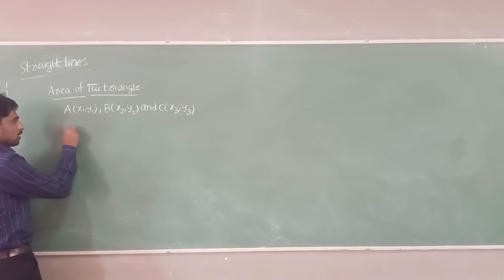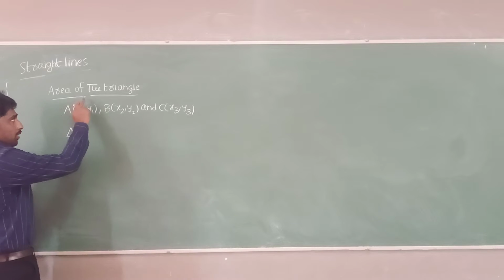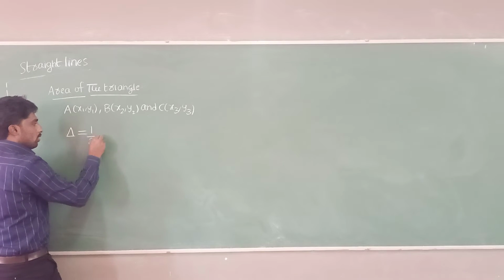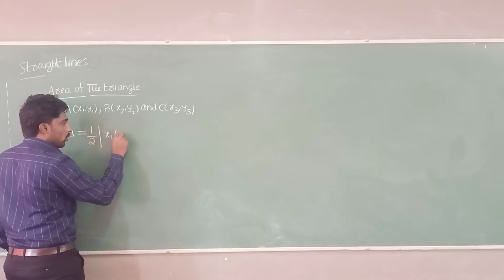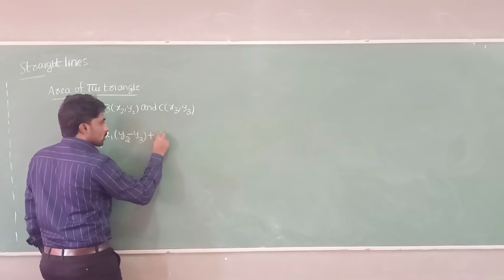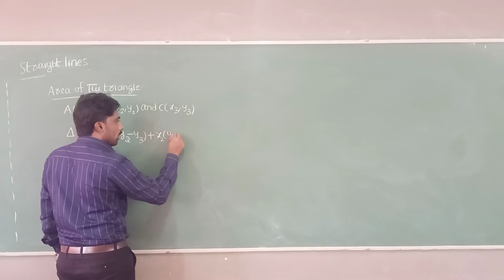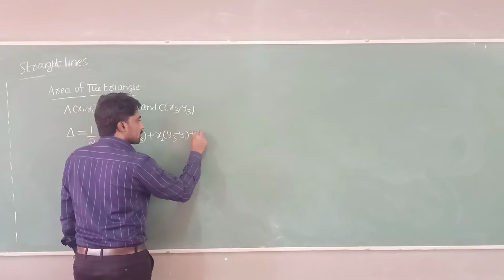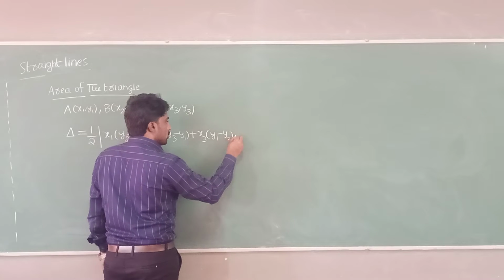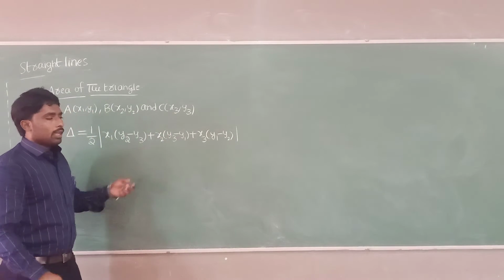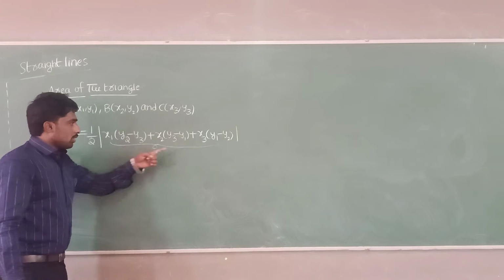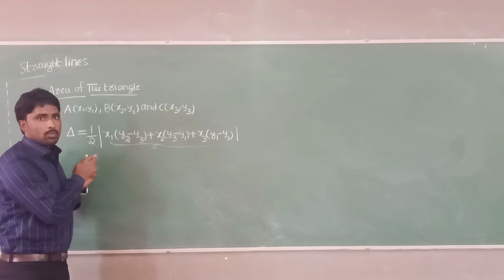The area of the triangle is denoted by delta, which is equal to 1 by 2 into modulus of x1 into (y2 minus y3) plus x2 into (y3 minus y1) plus x3 into (y1 minus y2). I took the modulus here because area is never negative. If the resultant is negative, because of this modulus you will get the area as positive.